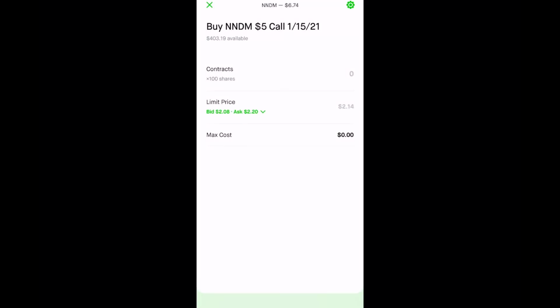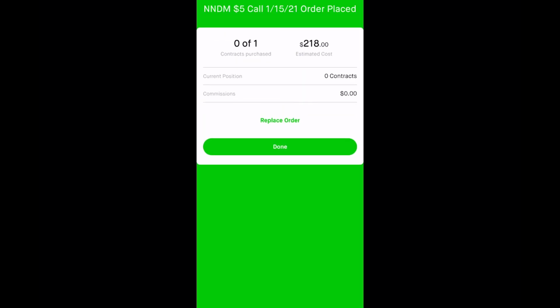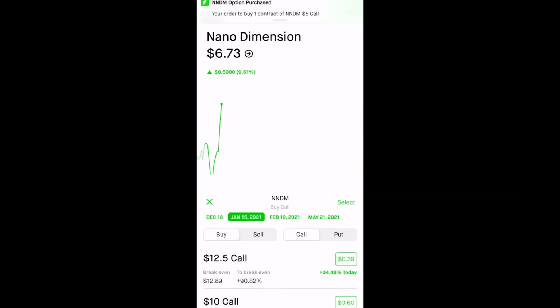Here you'll see me looking at the Greeks and everything else to make sure it's okay. I know it's not perfect, it's not what we went over, but sometimes you won't get the perfect ideals, so I went with what I thought would be best. At first you saw me trying to buy 2 contracts, and then I realized I don't have enough capital, so I bought 1 and put in my price, and as you can see, it's done.